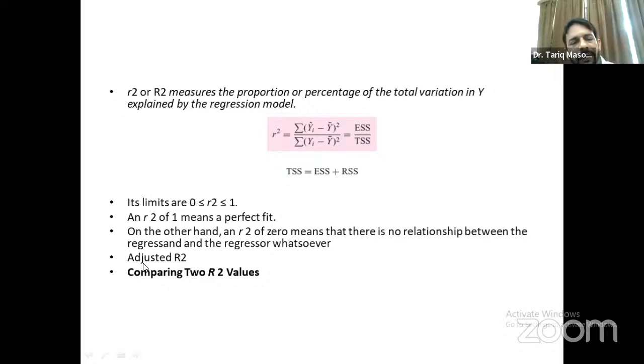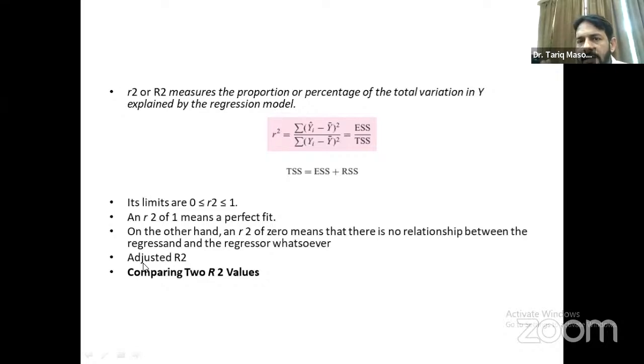And the last point is comparing two R square values, because on the basis of R square value, we choose models. We estimate a number of models by adding x, by deleting x, and then we compare models on the basis of R square, and ultimately we decide that this particular model has a very high R square, so this is a good model. But there is one problem. We can compare R square only when the dependent variables are the same.